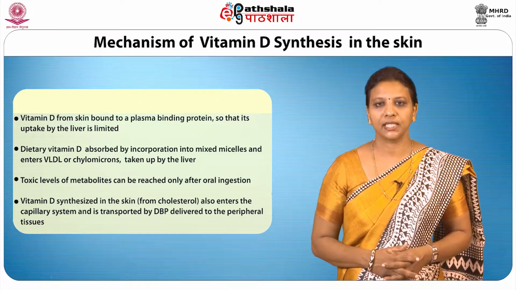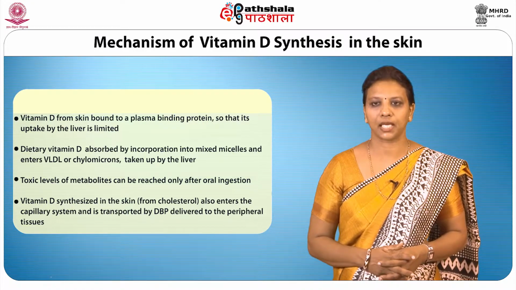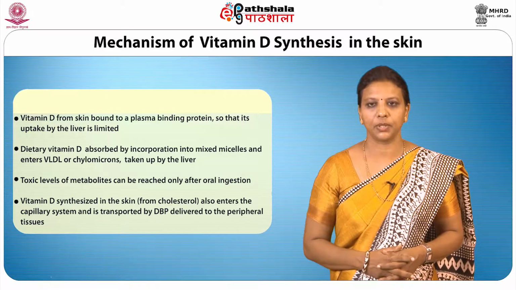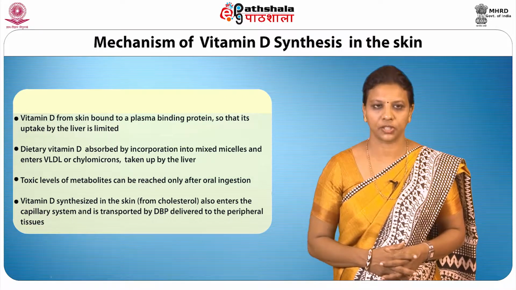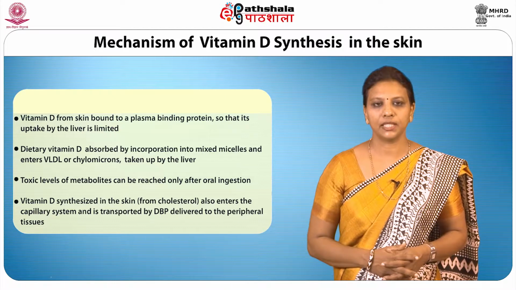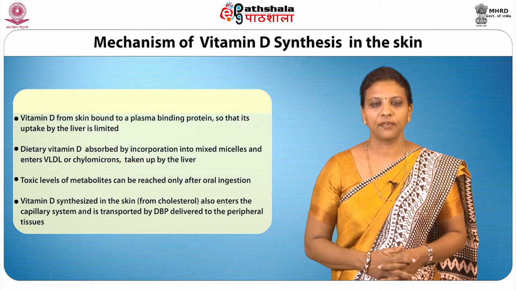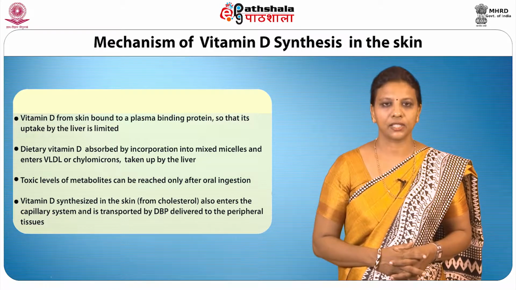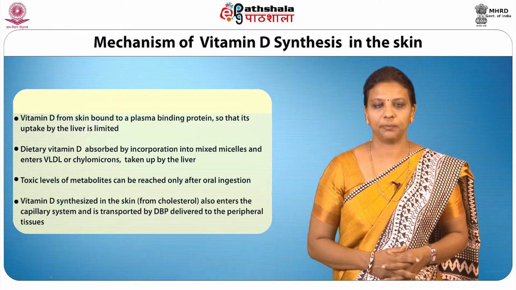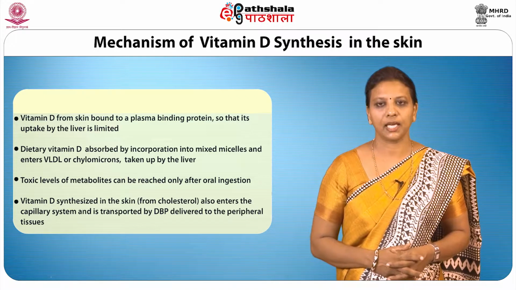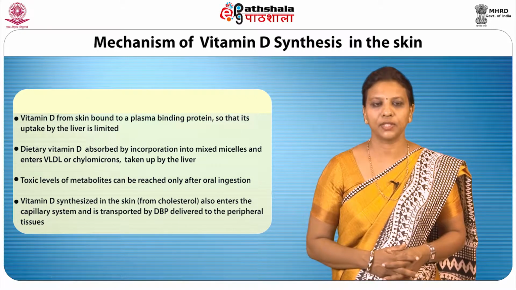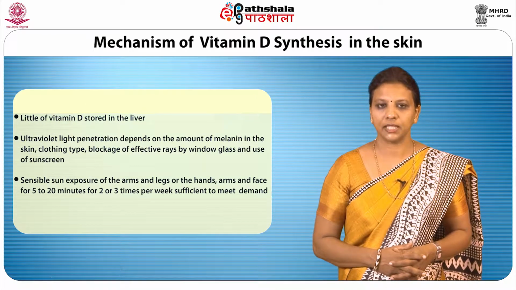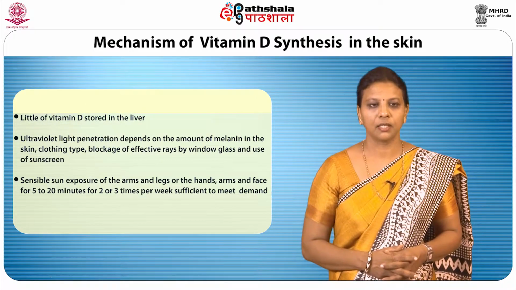Thus, hepatic uptake is not limited by the plasma binding protein and toxic levels of metabolites can be reached only after oral ingestion. Vitamin D synthesized in the skin from cholesterol also enters the capillary system and is transported by DBP. Vitamin D attached to DBP is delivered to the peripheral tissues. Little of vitamin D is stored in the liver.